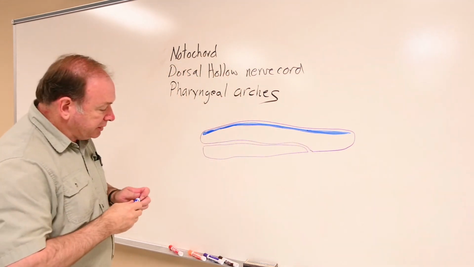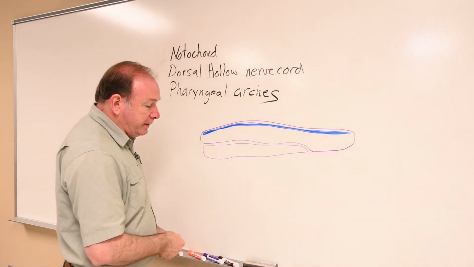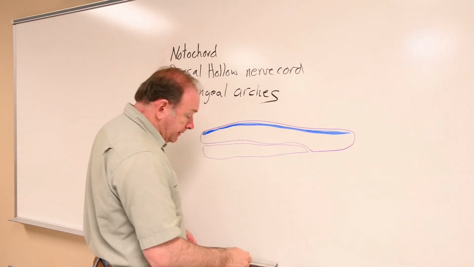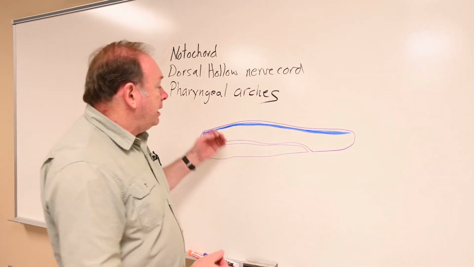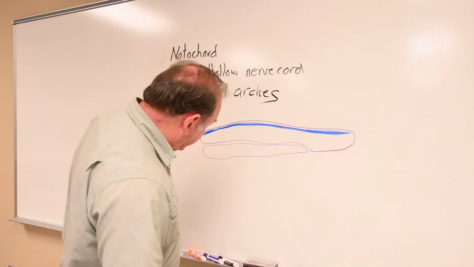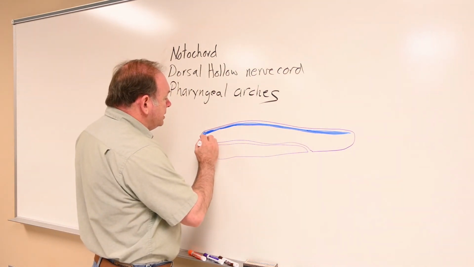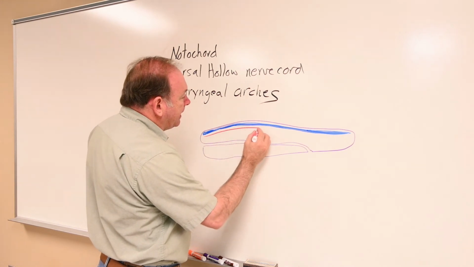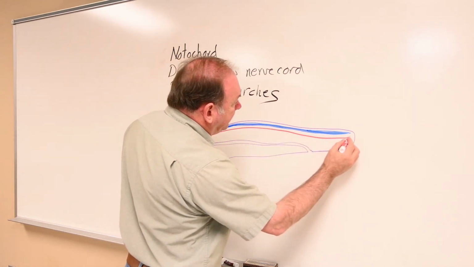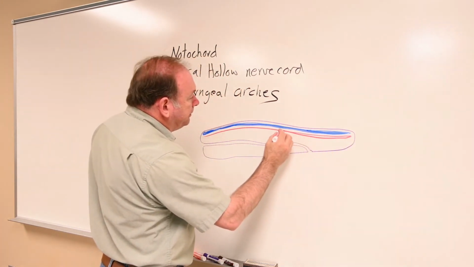What we think in humans as the spinal cord there, and brain would be the front end. And then directly underneath of that, a special feature. That's the notochord we talked about.